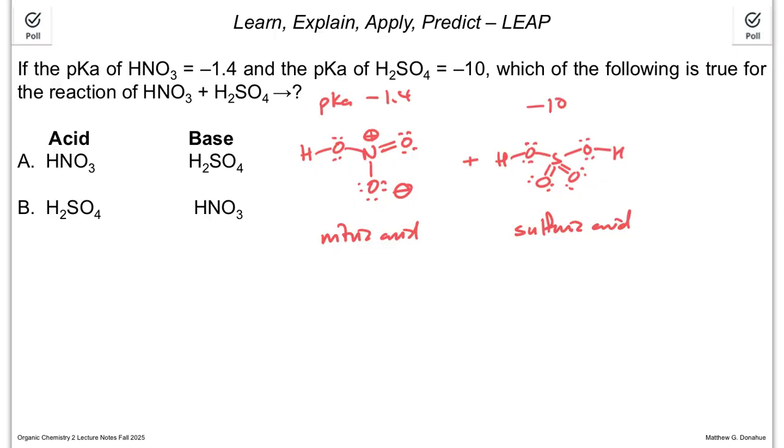From our knowledge of pKa, the smaller, more negative the pKa number, that means it's a stronger acid. So sulfuric acid is going to be an acid. Nitric acid is going to be a base.